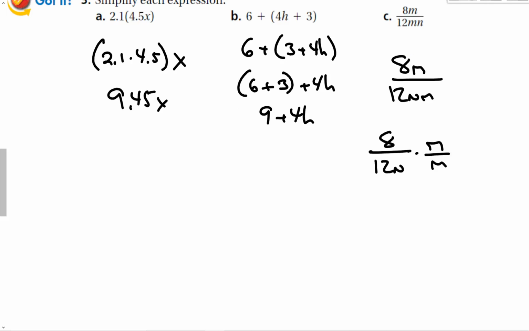The m and the m cancel each other out to give me 1, and 8 over 12 turns into 2 over 3. So that turns into 2 over 3n times 1, which is 2 over 3n, due to the multiplicative identity, the identity property of multiplication.